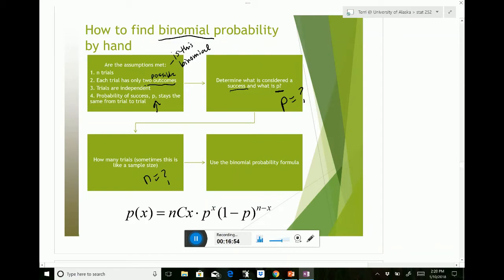And now we can plug everything into the binomial formula. And it looks like this. We could have guessed this before. So this is going to represent the number of ways to switch around the successes and failures.